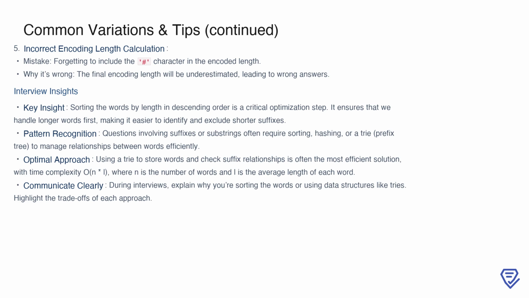In fact, using a tree is one of the most efficient methods for solving this problem, with a time complexity of O(n*L), where n is the number of words and L is their average length. It's also important to communicate your thought process during interviews. Explain why you're sorting the words or choosing specific data structures like a tree. This demonstrates a clear understanding of trade-offs and conveys your reasoning effectively to the interviewer.